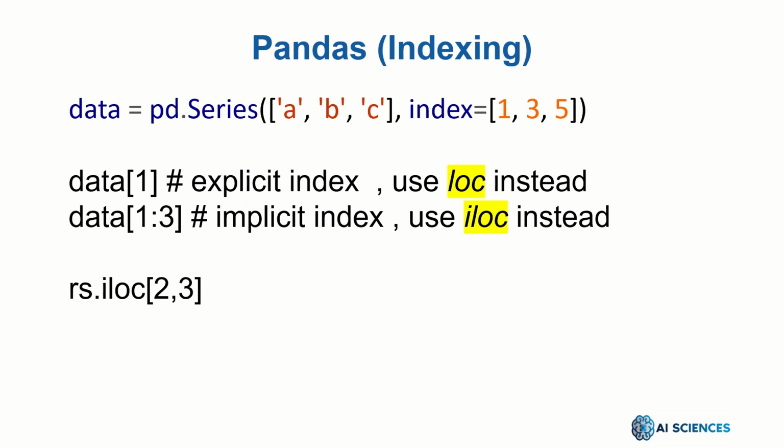We also discussed some possible sources of confusion using implicit or explicit indices in pandas, and we encouraged using loc or iloc functions explicitly to mention whether someone is interested in implicit index or explicit index.